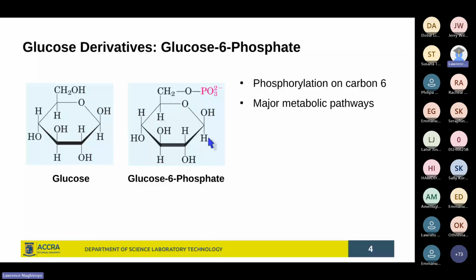And remember, glucose is a hexose. It has 6 carbons in it. In the process of glycolysis, the glucose is broken down into 2 molecules. Each of them will have 3 carbons in them.